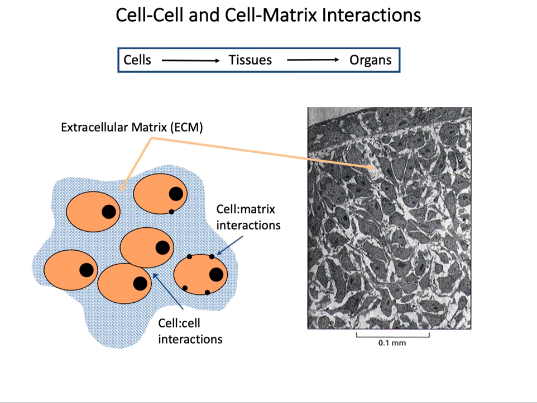And so, this topic is going to focus on how cells physically interact with one another and how cells physically interact with components in the extracellular space. So, in a multicellular organism, cells come together to form tissues, and then these tissues can come together to form a larger functional unit known as an organ.